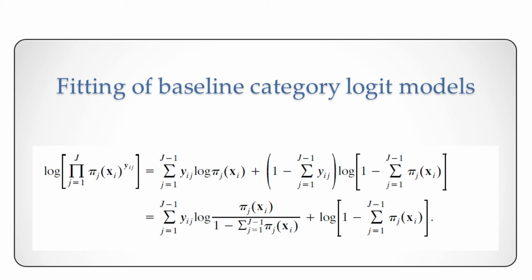We can substitute the beta j's in this equation and get the likelihood for the beta j's. Subsequently, we can maximize this function.